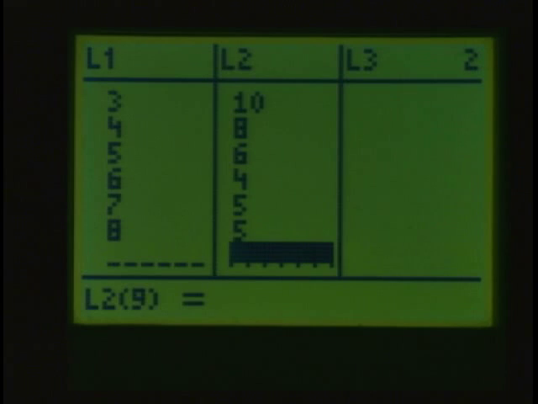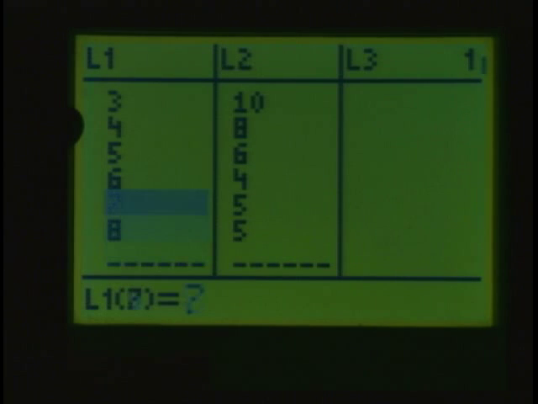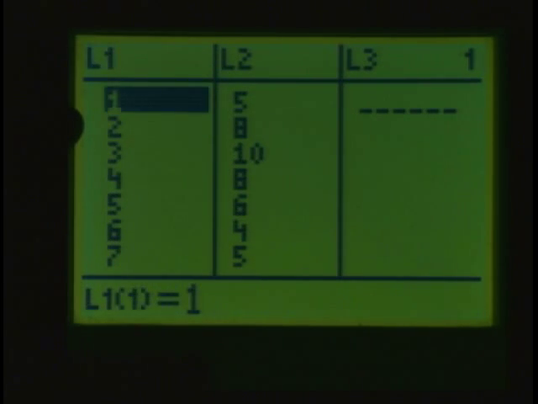So what I did is I input two data lists. And I believe my numbers here may have started wrong. Let me go back to data set 1. No, actually it's okay.